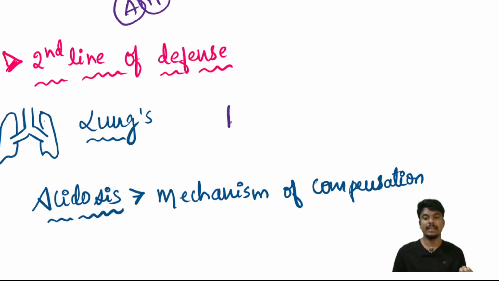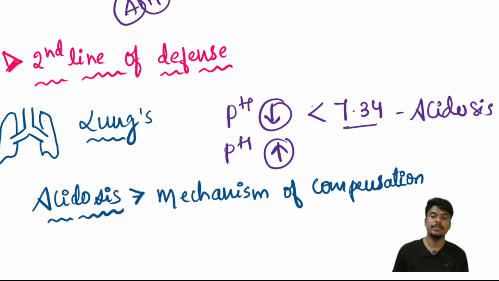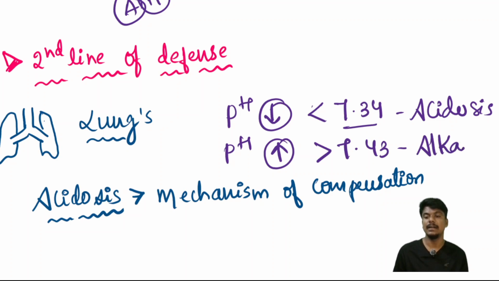I told you acidosis means pH is getting down. pH came down to less than 7.34, we call that acidosis. If pH is getting increased, more than 7.43, what will we call it? We call that alkalosis. Alkalosis and acidosis.